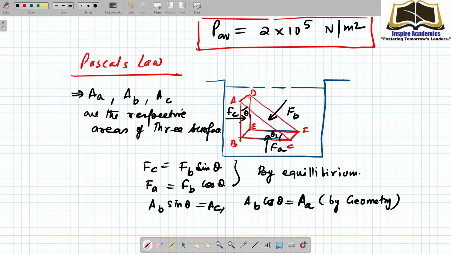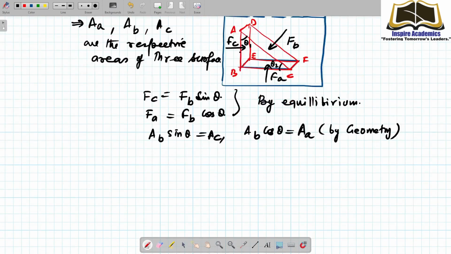We can easily see that horizontal is given by cos theta, the vertical is given by sin theta. Yes or no? Clear hai na? That I had already taught you earlier. Theek hai na? Chaliye.